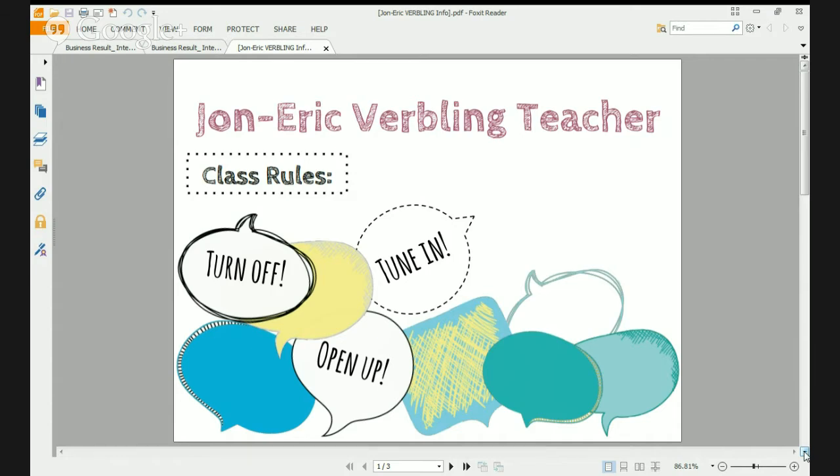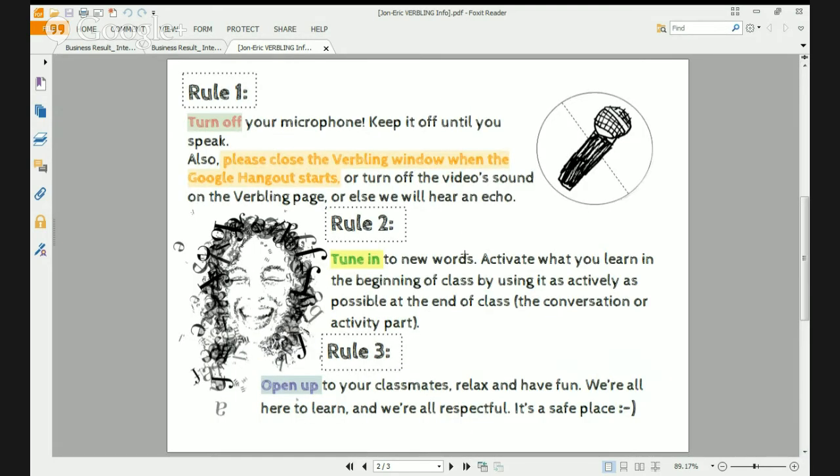By the way, here are 3 quick rules to help you participate. Don't forget to turn off, tune in, and open up. That means when you're not speaking, turn off your microphone and keep it off until you do speak. That way we can keep the classroom nice and quiet. But when you are speaking, tune in to the new words and the new phrases you're learning.